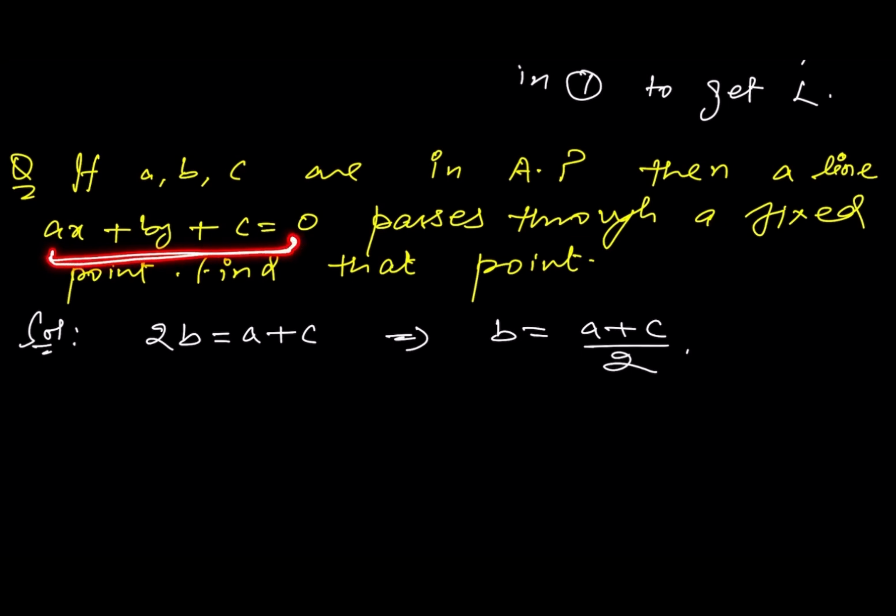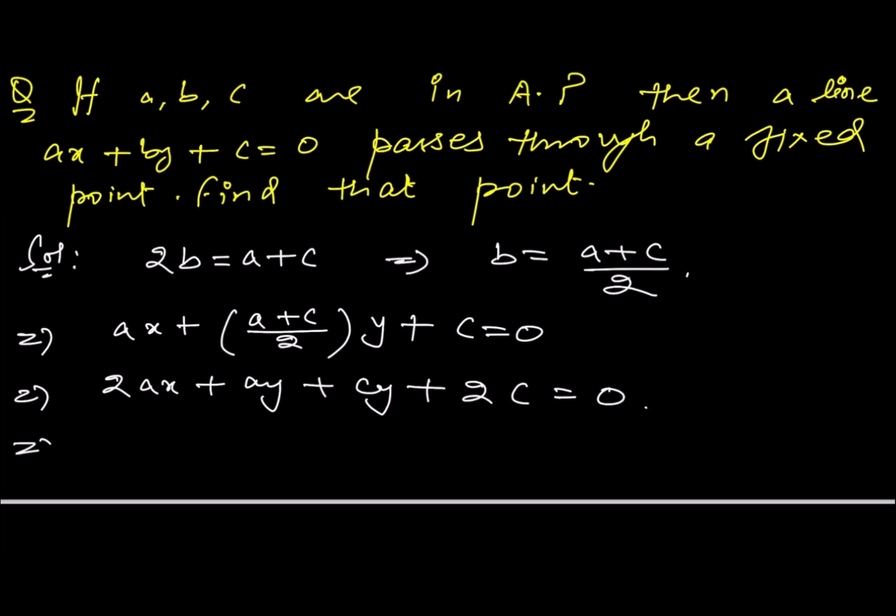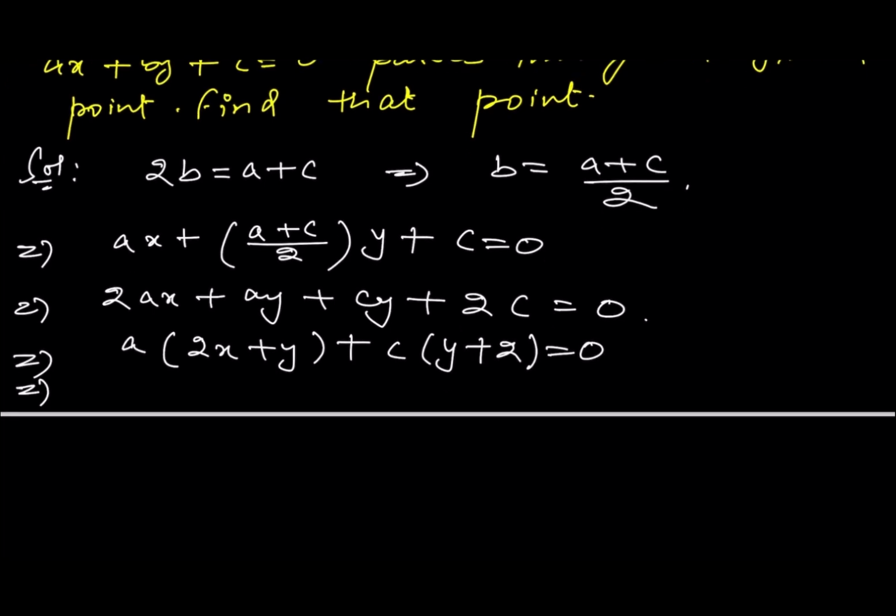In this, if I put (a + c)/2 in place of b, what I will get: ax + ((a + c)/2)y + c = 0, or 2ax + ay + cy + 2c = 0, or a(2x + y) + c(y + 2) = 0, or (2x + y) + (c/a)(y + 2) = 0.